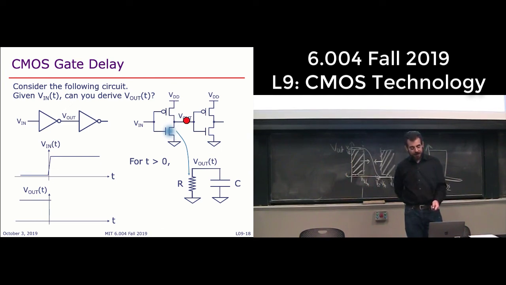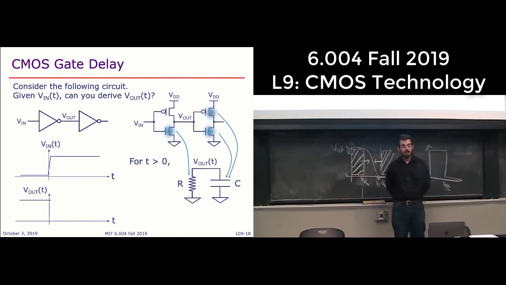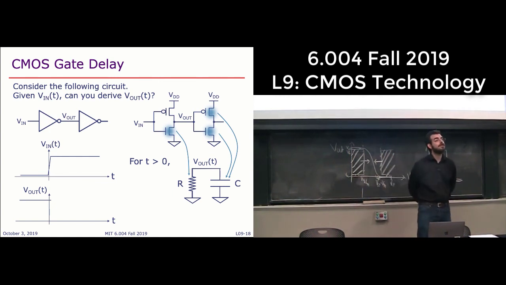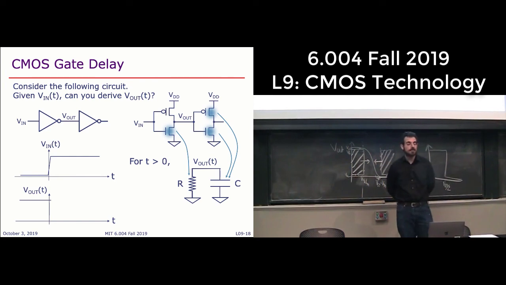And then this output terminal is also connected to the gate terminals of both transistors over here. And remember, these are just capacitors. So the capacitance is the sum of the gate capacitances of both transistors. If I give you this RC circuit and the boundary condition that Vout(0) is some particular value over here, can anybody tell me what will happen? How would you go around solving this?